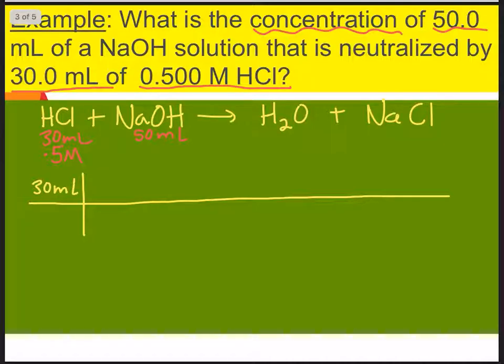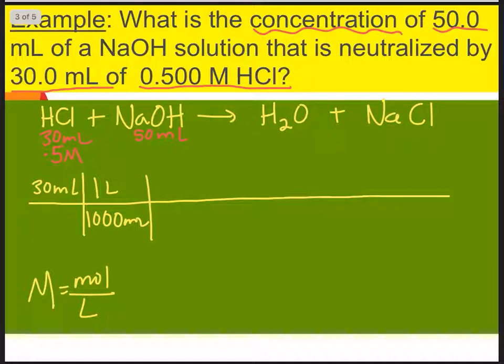We want to go from hydrochloric acid to sodium hydroxide. So we are going to use the molarity to get to moles. But first, remember that molarity is moles per liter. So we are in milliliters. Let's get to liters first. There are 1,000 milliliters in 1 liter.